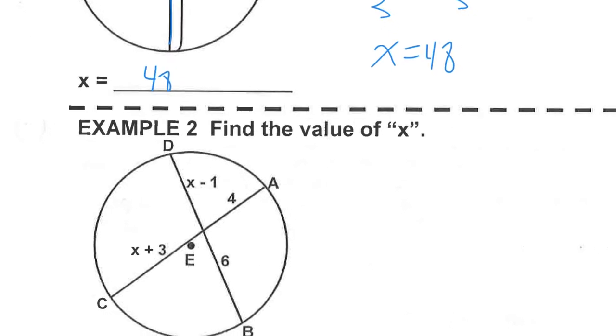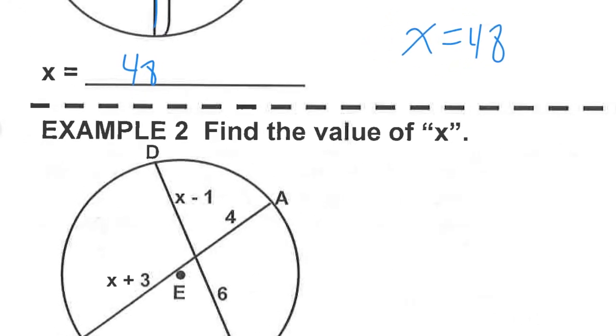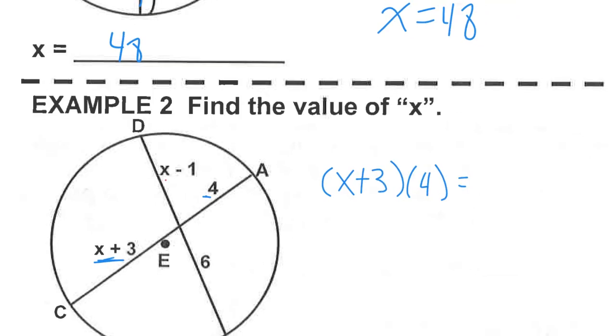So same sort of thing. I've got this CA segment and this DB segment. If I look at the CA, one part is x plus 3 times, oops, I don't know why I put 4 there, times, well, here's the x plus 3, the other part of the line is 4, so times 4, equals, same thing with the other side, x minus 1 times the 6.